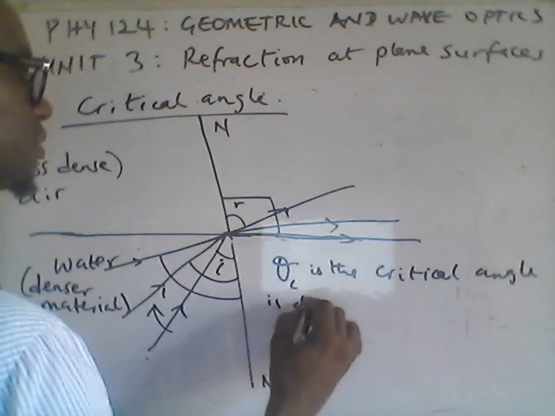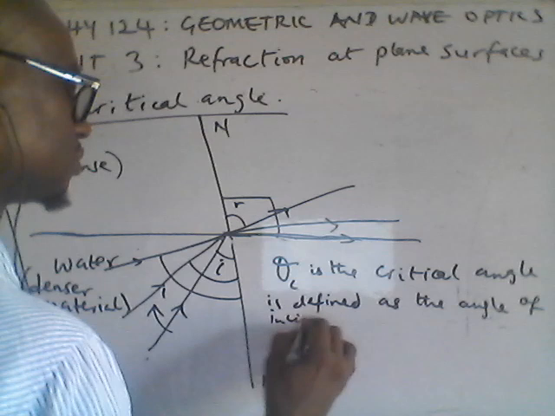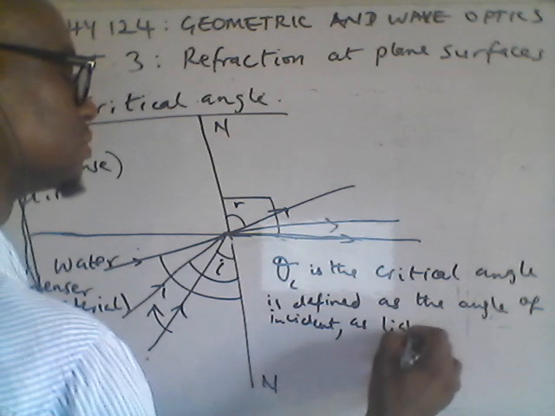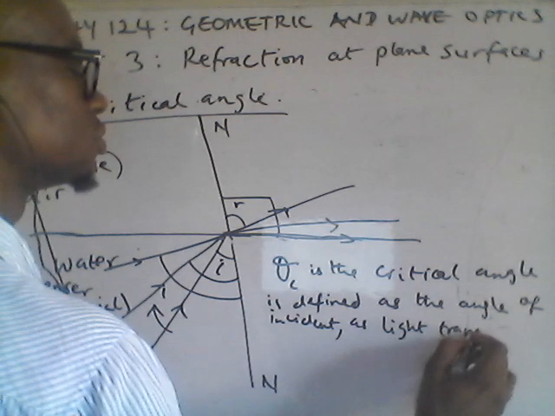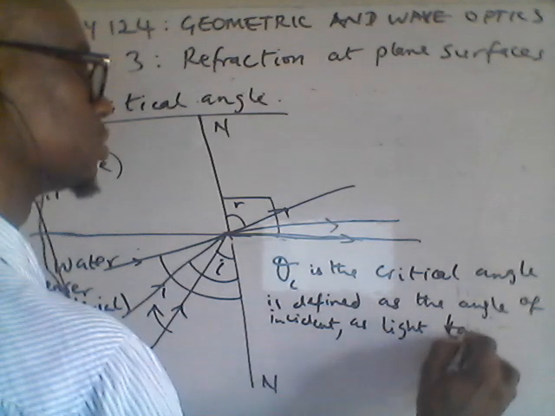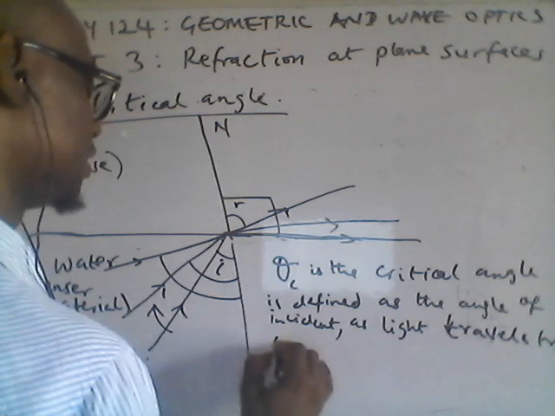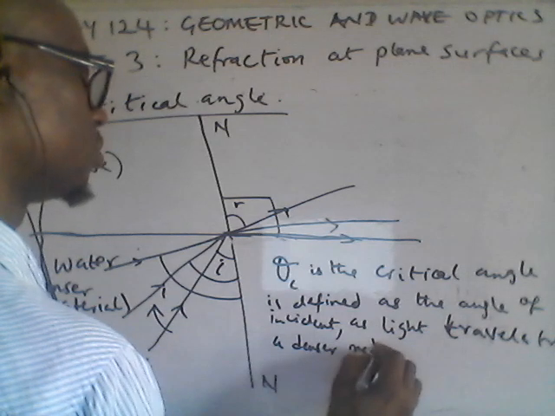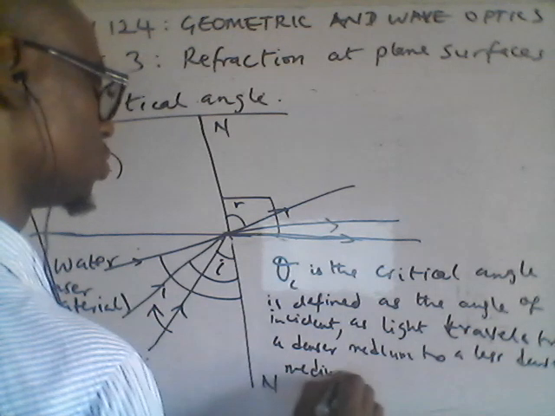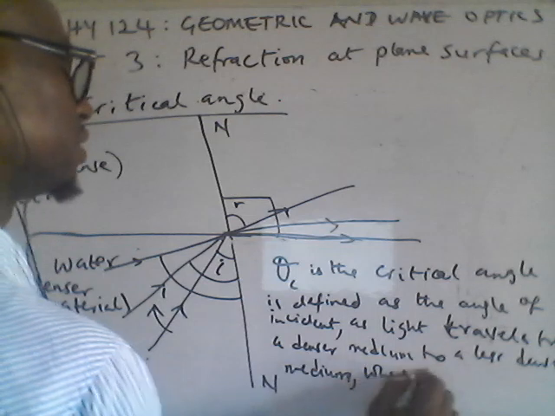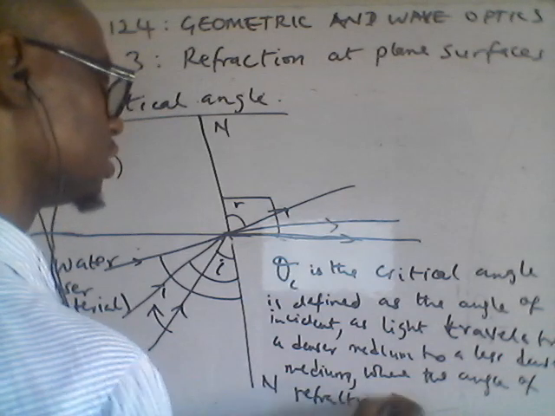Theta C is the critical angle, and is defined as the angle of incidence as light travels from a denser medium to a less dense medium, where the angle of refraction is 90 degrees.